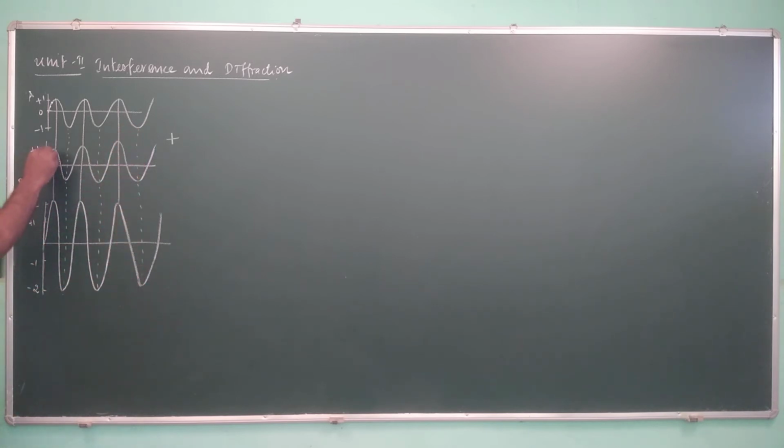Essentially, the amplitudes of the two waves are added, so in the maximum we get a maximum value, and in the minimum we get a minimum value. Here +1 and +1, these two maximum amplitudes are added so that we get +2 here. Similarly, when -1 and -1 are added, we get -2 here. This is one situation.